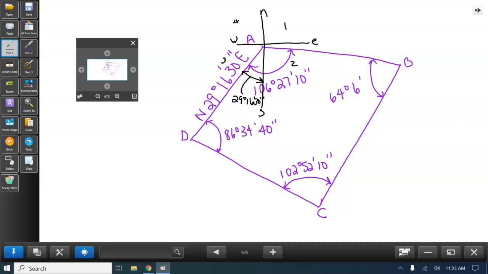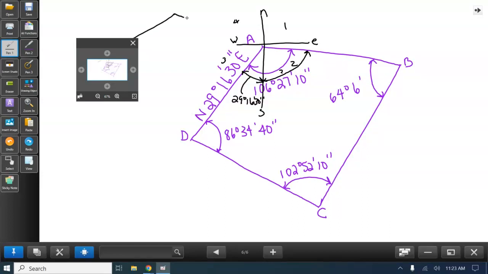Line from A to B is in quadrant 2, so that's the bearing it makes from the south. So that's what we're looking for. We've got the total angle, which is 106 degrees, 27 minutes, 10 seconds. We know the angle from D to A to south, which is 29 degrees, 16 minutes, 30 seconds. We're looking for what's left over.